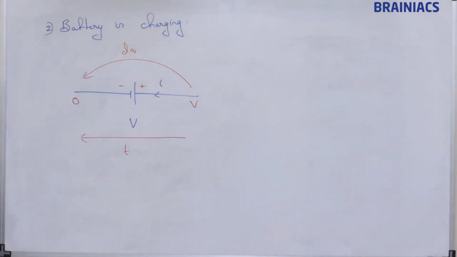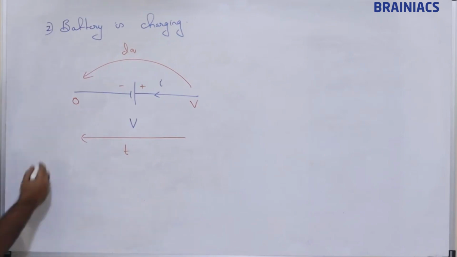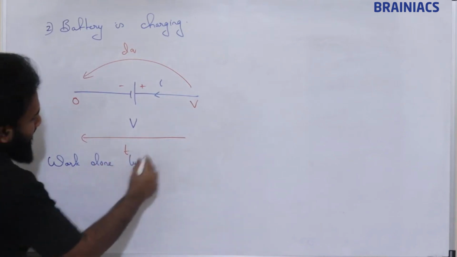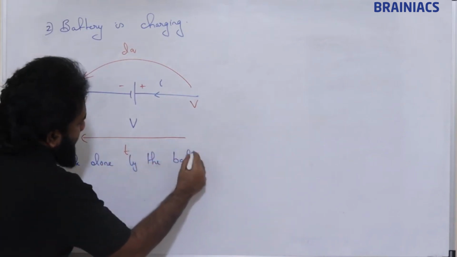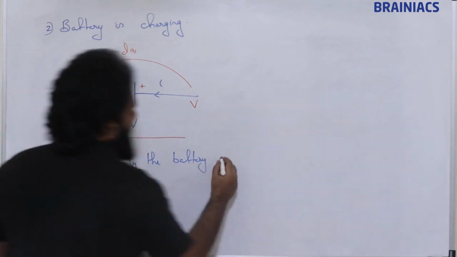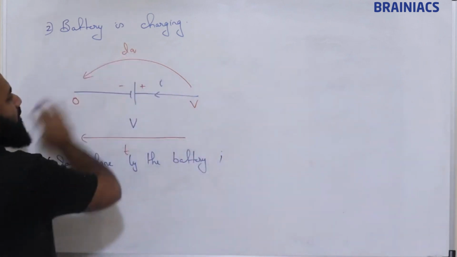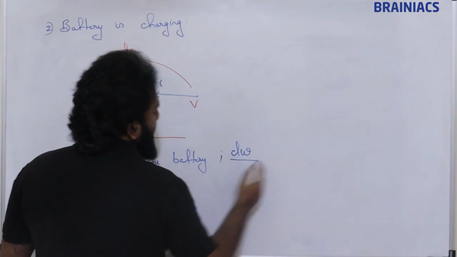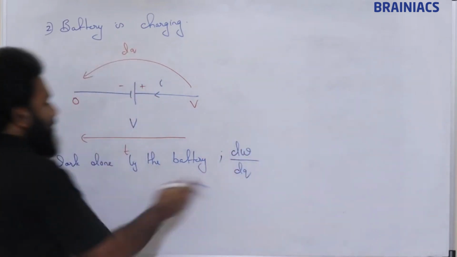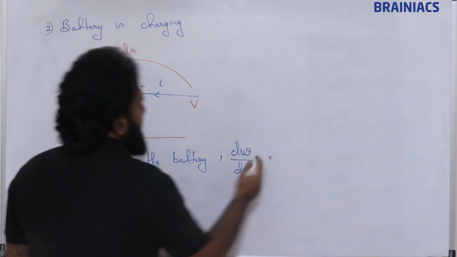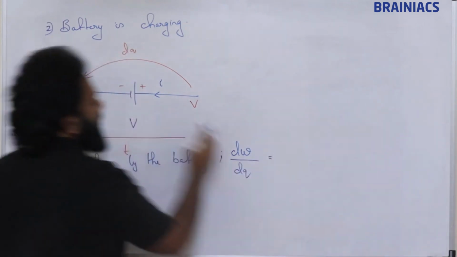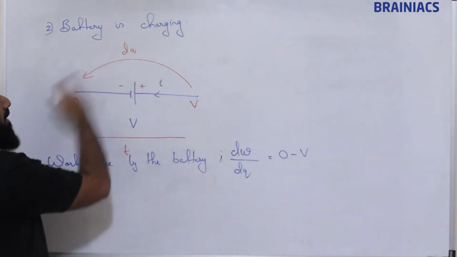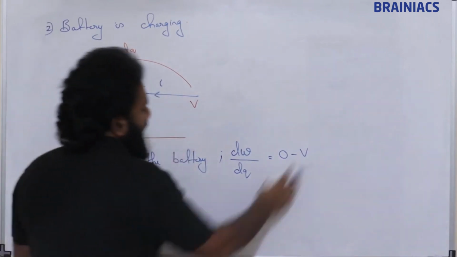So again, the work done in bringing dq charge from this side to this side is dw. dw by dq, work done per unit charge, is the potential at the final point minus the potential at the initial point, 0 minus V. Here this is the final point, charge is coming in this direction, this is the initial point.